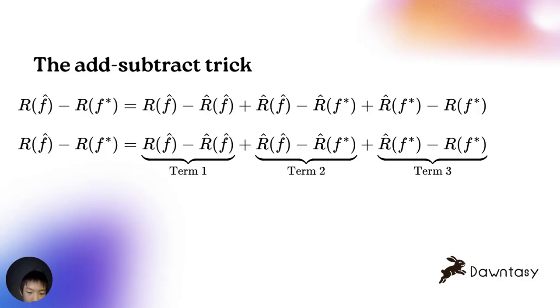Term 2 is the empirical difference between the oracle model and the empirical minimizer. And term 3 is the generalization gap for the oracle model. So seeing that we have 3 very interpretable terms here, what happens to term 2?